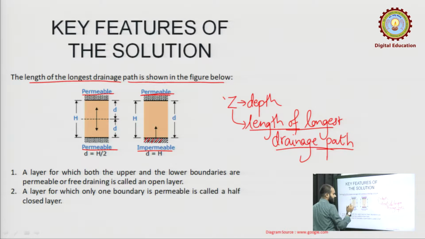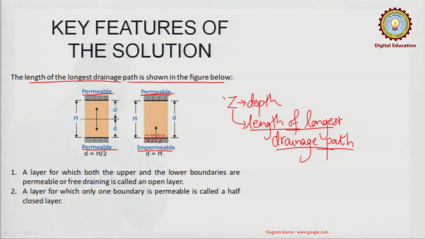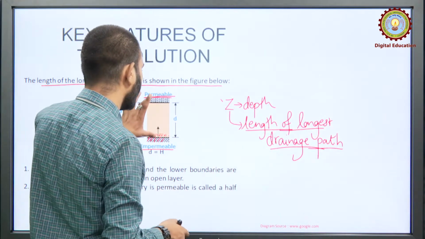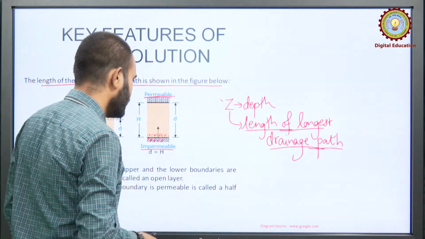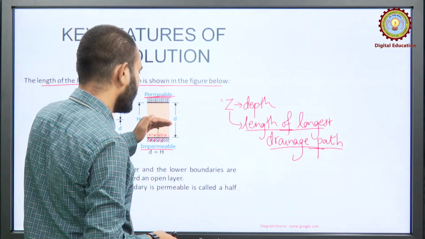In the first case, if water is somewhere here, how much path will it have to travel to get out of this soil mass? Because this part is already impermeable, it won't be able to get out from this part.